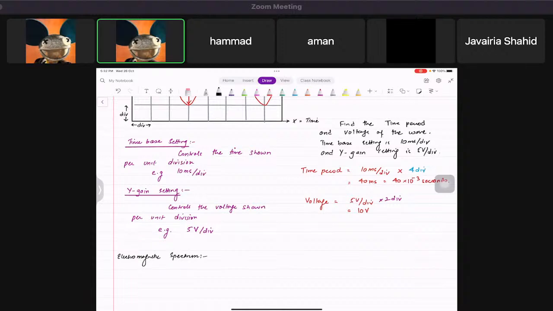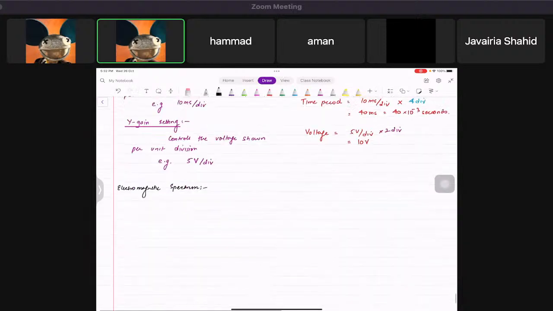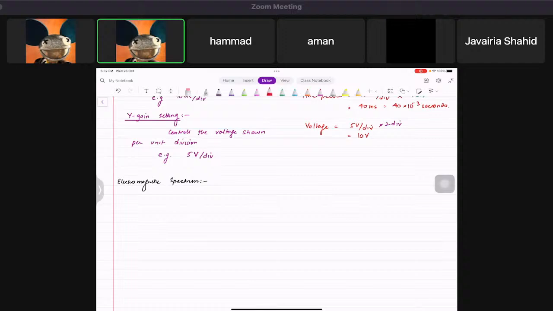For electromagnetic spectrum, I just want to tell you that they have some common properties that make these waves a spectrum. So all waves in it are transverse.